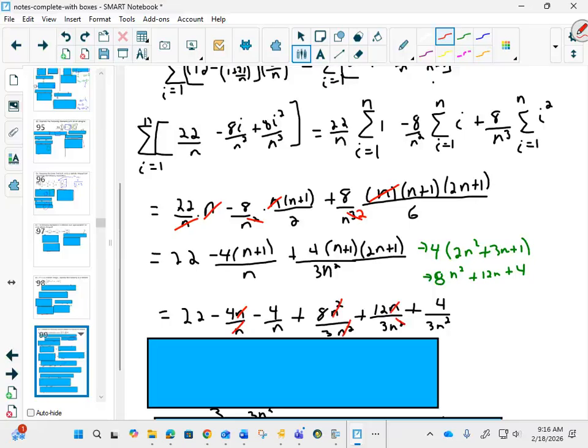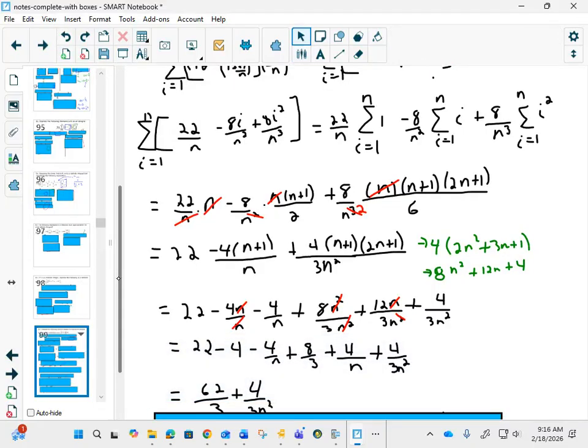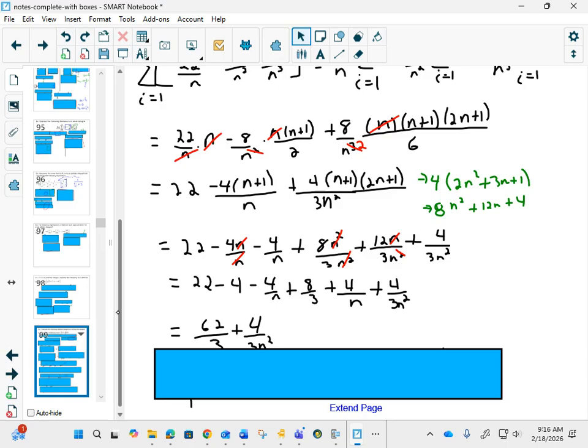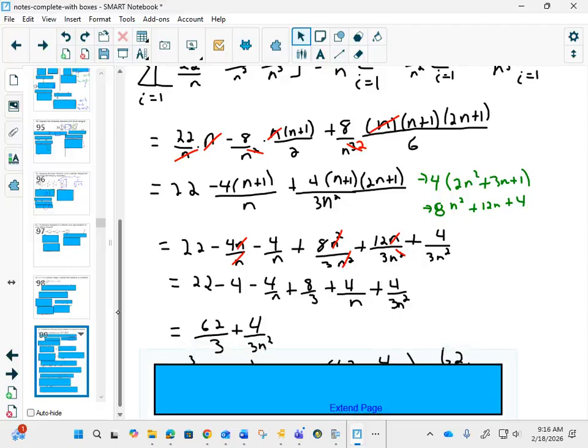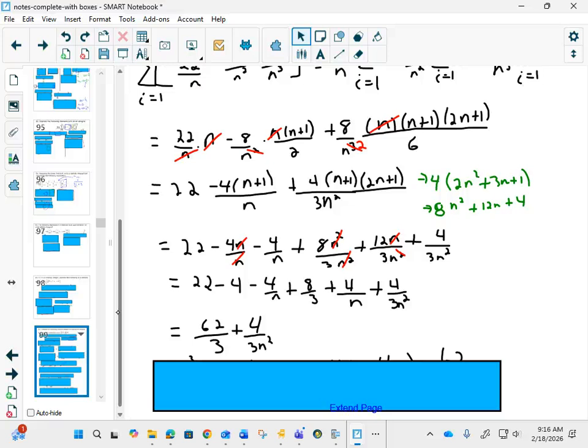One of these would cancel with one of those. And simplifying it right down would give me 62 over 3 plus 4 over 3n squared.